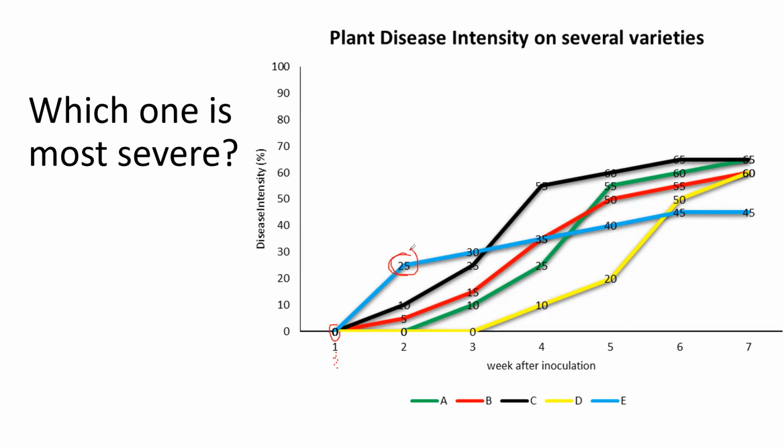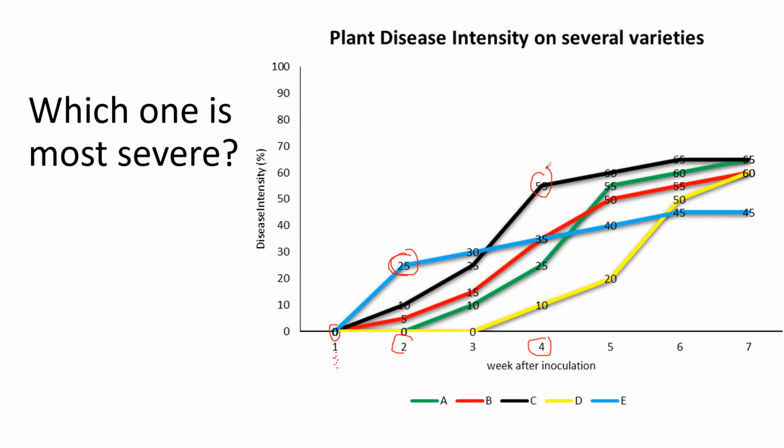The blue line has the highest disease intensity in the 2 weeks after inoculation. But if I ask you in the 4 weeks after inoculation, which one has the highest disease intensity, the answer is the black one. So it's different. It's changing.